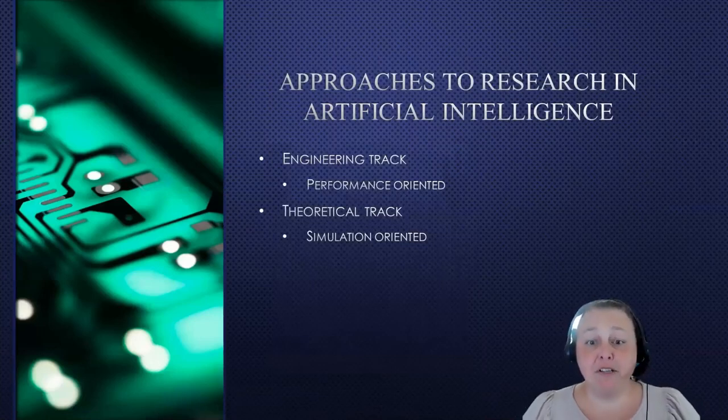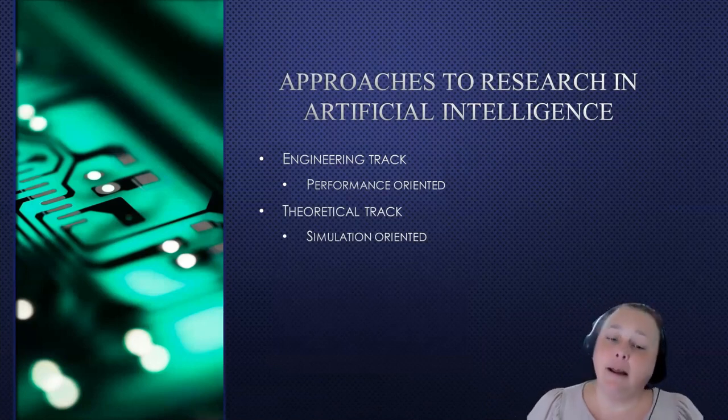So, different approaches to research in artificial intelligence. One is an engineering track and one is a theoretical track. Now, the engineering track is that the scientists are trying to get the machine to exhibit behavior that is considered intelligent behavior.